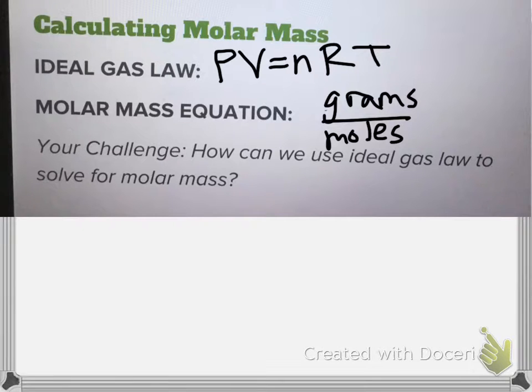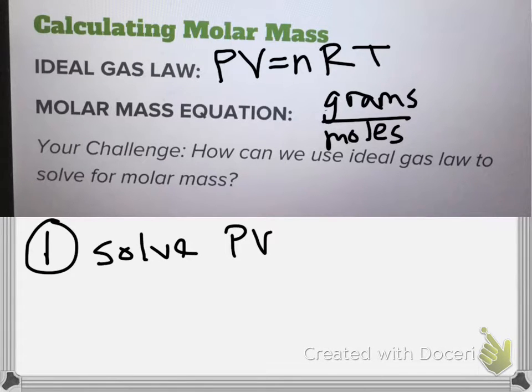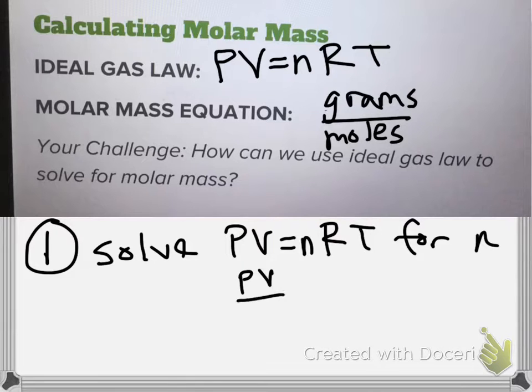So notice both of these equations have moles. So what we're going to do is, first we are going to solve our ideal gas law for moles. So that would be PV over RT equals n.